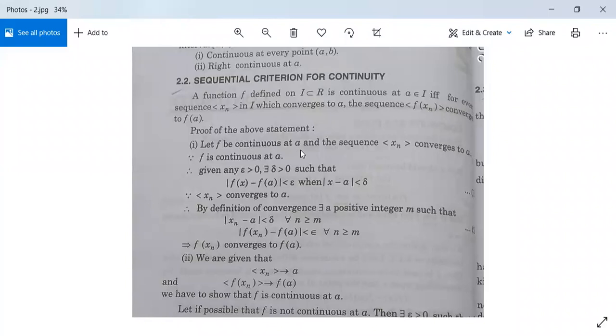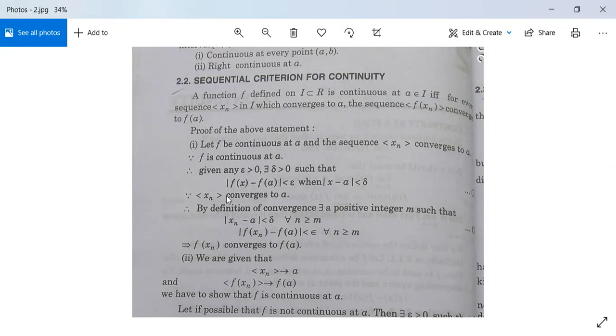First, let f be continuous at a and the sequence x_n converges to a. Since f is continuous at a, therefore given any epsilon greater than 0, there exists delta greater than 0 such that mod f(x) minus f(a) is less than epsilon when mod x minus a is less than delta. This is as per the first definition of continuity.